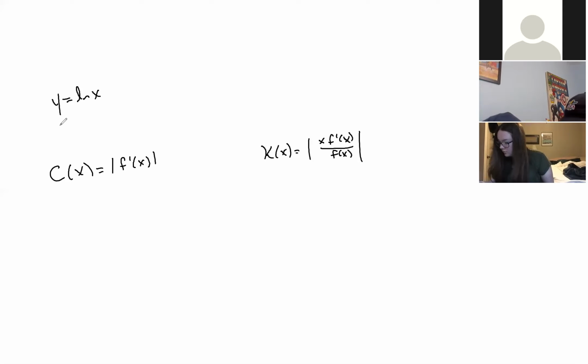Here in this case, y prime is 1 over x. The domain for the natural log function to begin with is x bigger than 0, right? The reason I say that is because our condition number here is technically the absolute value of 1 over x.